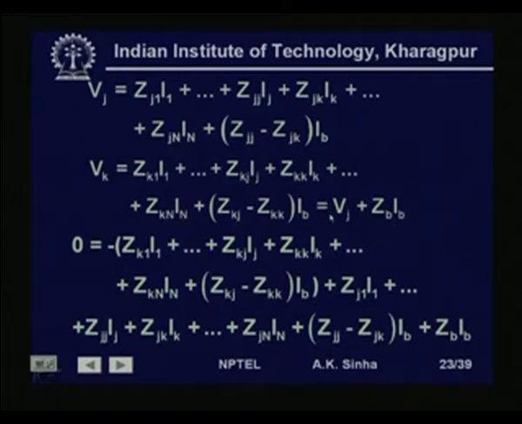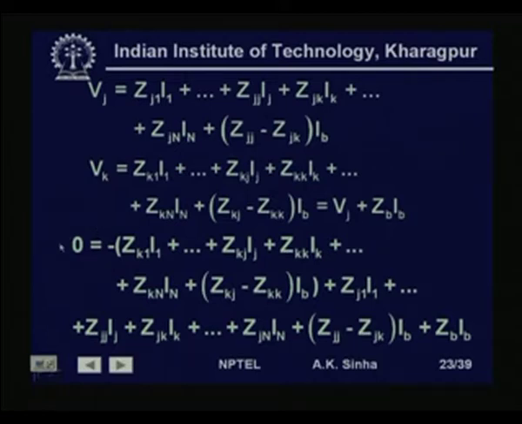What we can now do is we can take all these terms on this side, then we will get Vk minus Vj minus Zb Ib equal to 0, or we take this Vk term on this side. So, we will have Vj minus Vk plus Zb Ib is equal to 0.